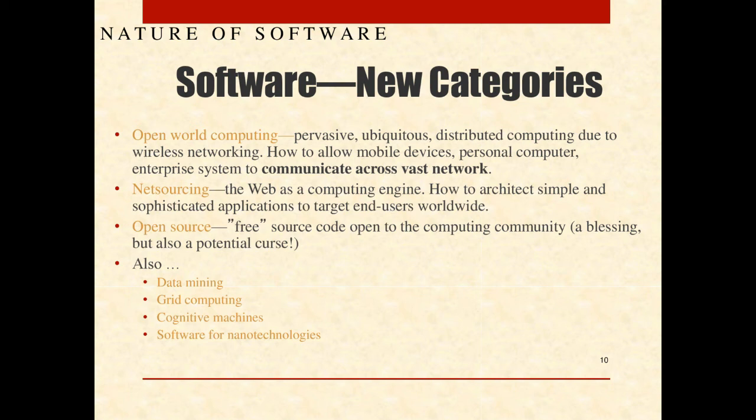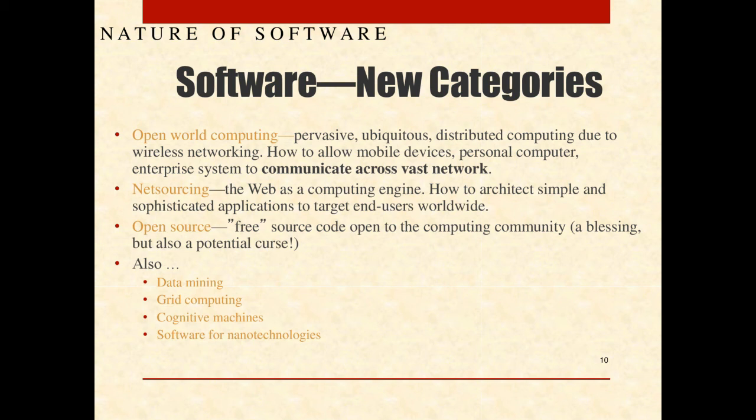Software, new categories. Open world computing, pervasive, ubiquitous, distributed computing due to wireless networking. How to allow mobile devices, personal computers, enterprise systems to communicate across vast networks. Net sourcing. The web as a computing engine.